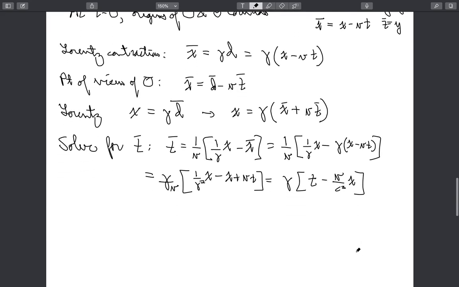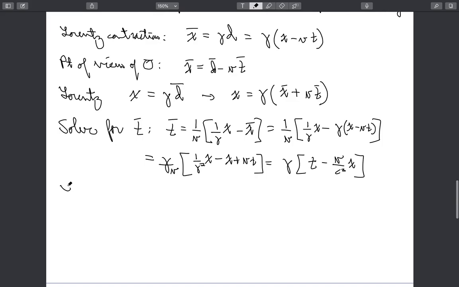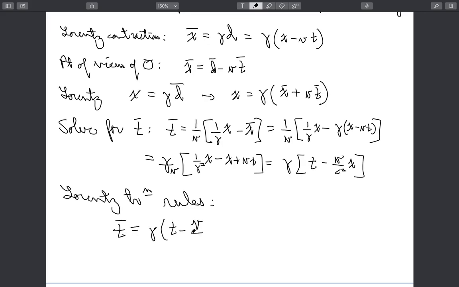Okay, so what we get with this are the Lorentz transformation rules, of course specifically for the case of travel along the x direction. So t bar is gamma times t minus v over c squared x, and x bar is equal to gamma times x minus vt.